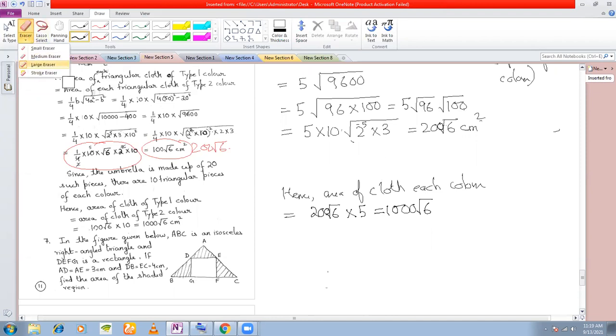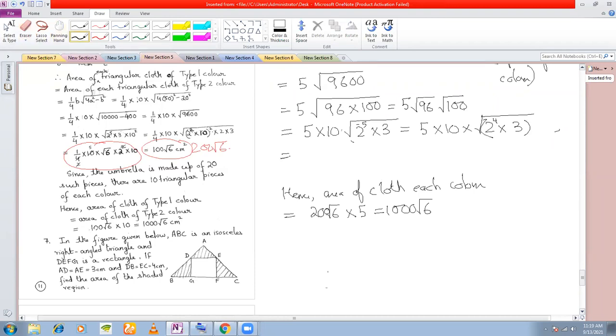Now, if I want to work this out, you get 5 into 10 into square root of 2 square, 2 to the power of 4 into 3.